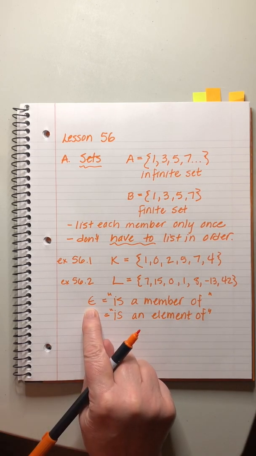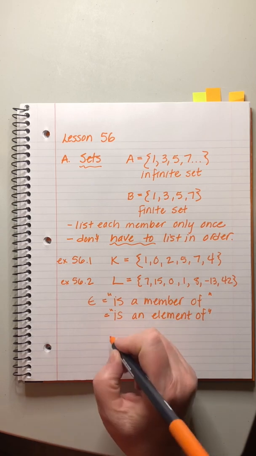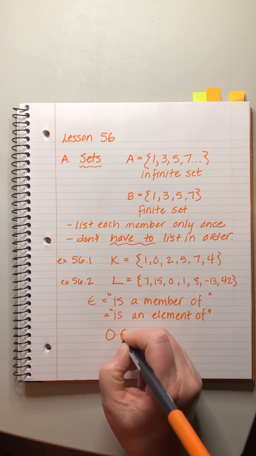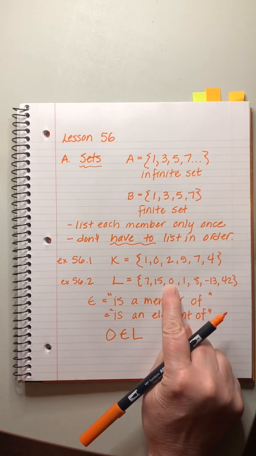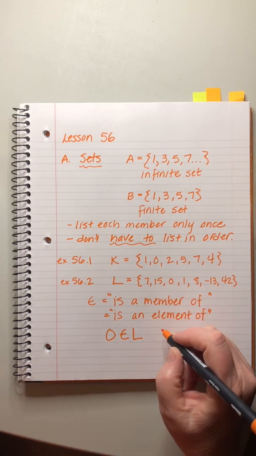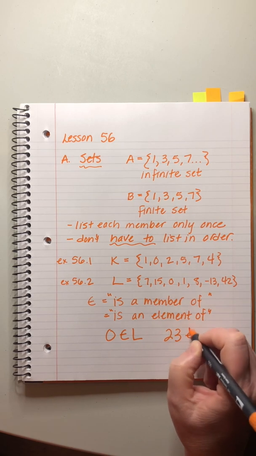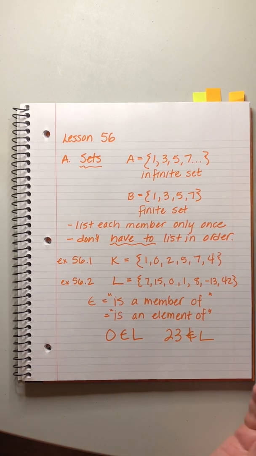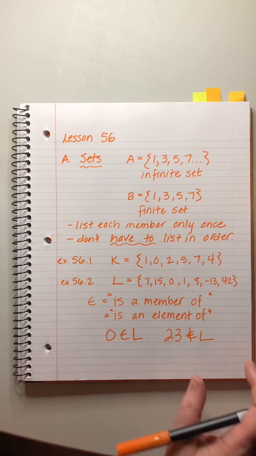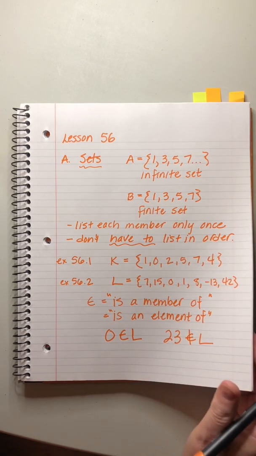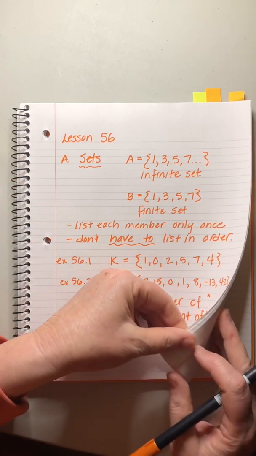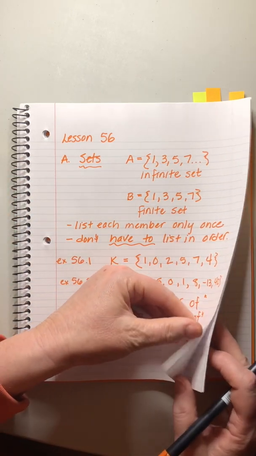So we can say things like 0 is an element of set L, and we can say 23 is not an element of L. Simple, right? Okay. We have a couple more in this topic. This is not hard. Would you agree with me? It's just kind of fun.